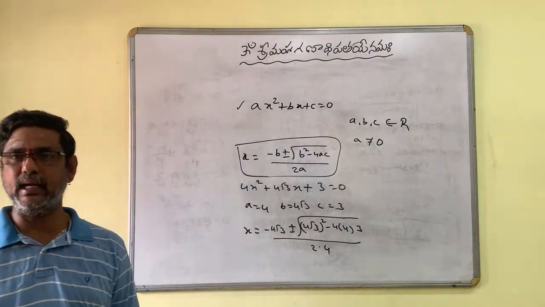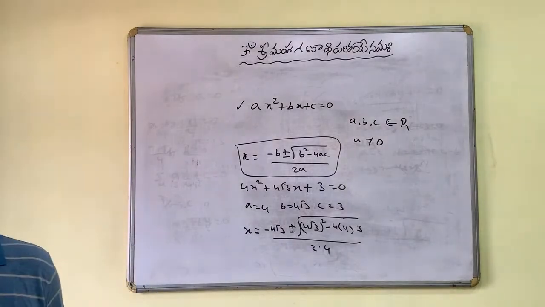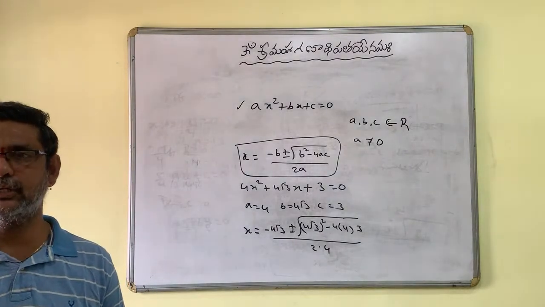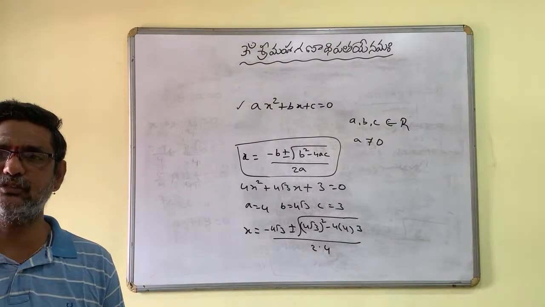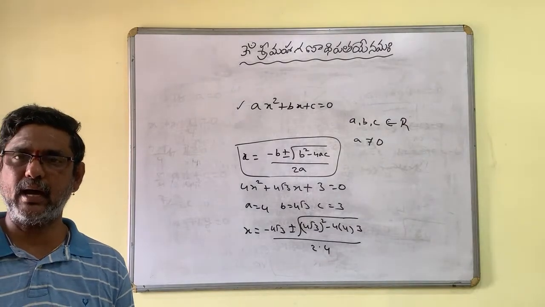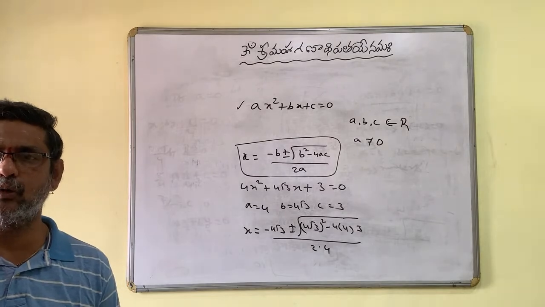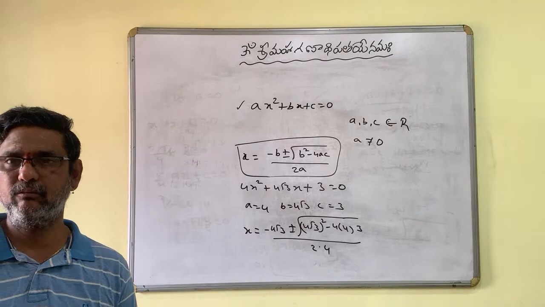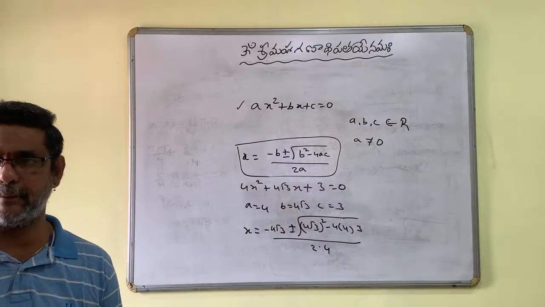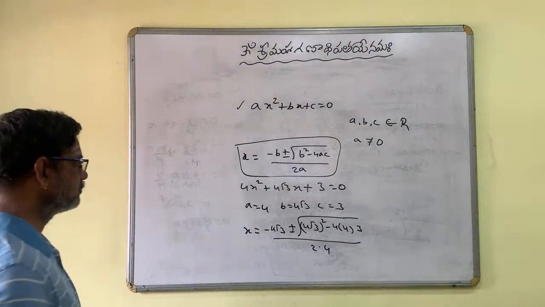Just substituting the values. Minus b, that means minus 4 root 3, plus or minus root over 4 root 3 whole square minus 4ac, 4 into 4 into 3. Now simplify this.